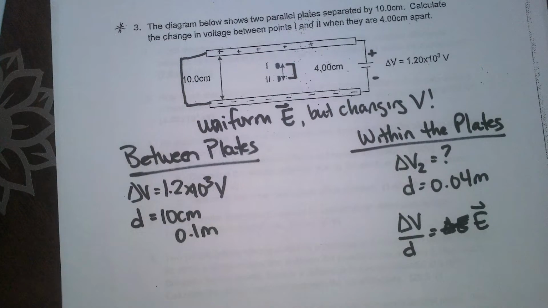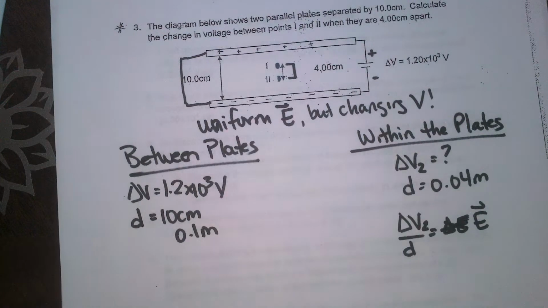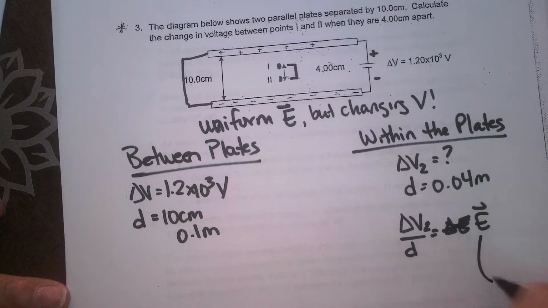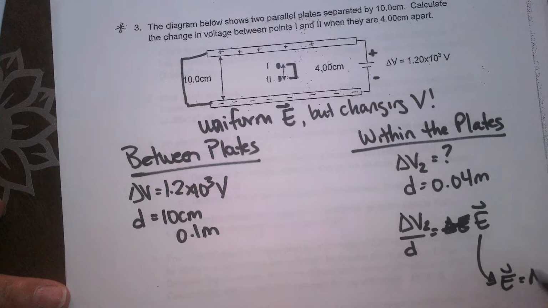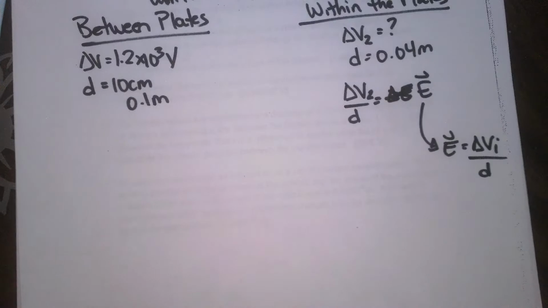Electric field strength between is equal to the change in voltage between the two particles divided by their distance. And how do I figure out this electric field strength? Because it's uniform, I can say that my electric field strength is going to be my between the plates voltage and that distance.